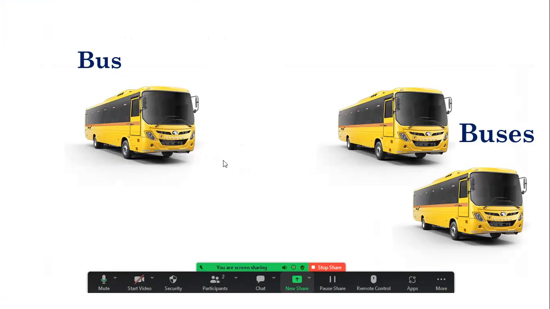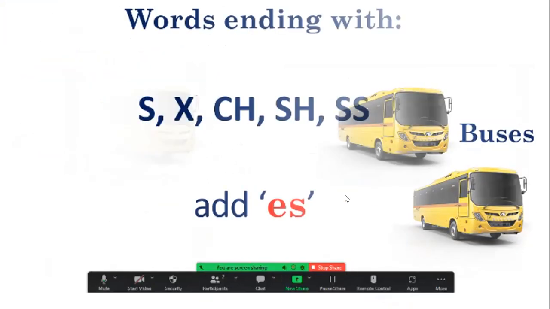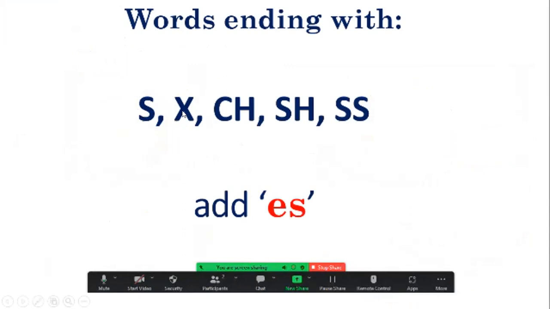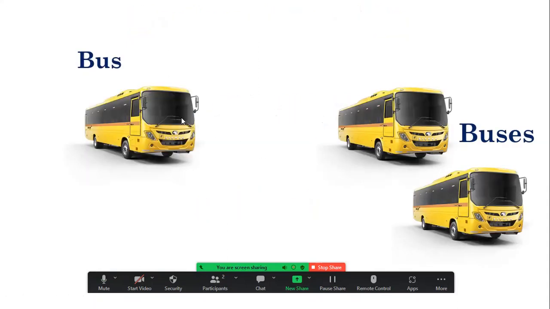So let's continue. For words ending with S, X, CH, SH, and SS, you add ES to form the plural. For example, bus, you can see it ends with an S, so you add ES: buses.